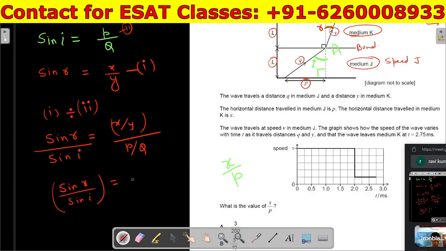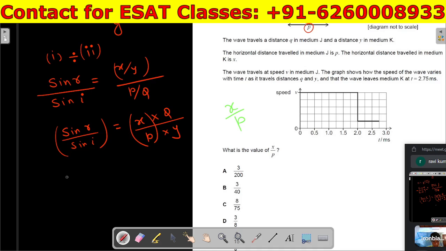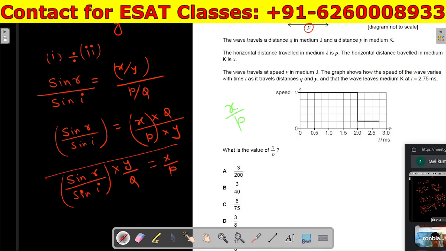This will be x into q upon p into y, isn't it? Now we are interested in this x upon p. So make this the subject. So I will get sine r upon sine i into y upon q is equal to x upon p. Is it okay? Are you getting this?